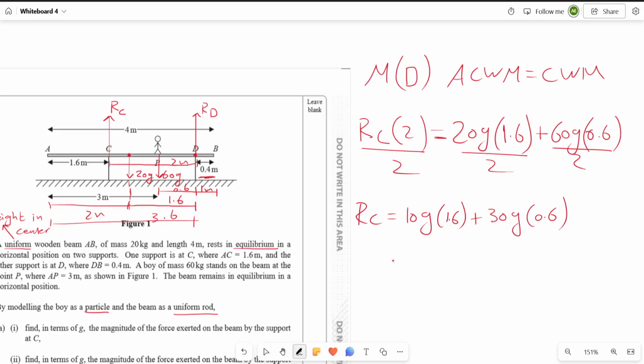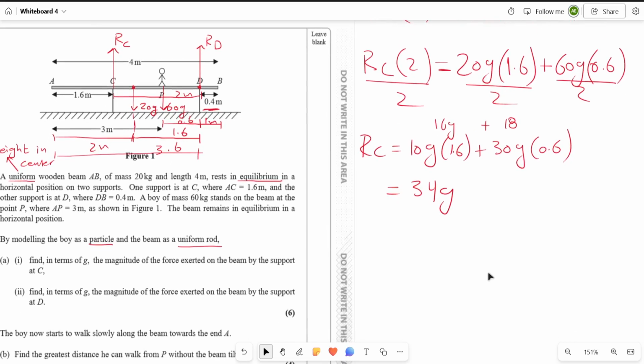So this is going to give me 34g, because this is going to be 16g, and this is going to be 18g. So 16 plus 18, that's going to be 34, and this is my answer for the first part. This is my answer for RC.